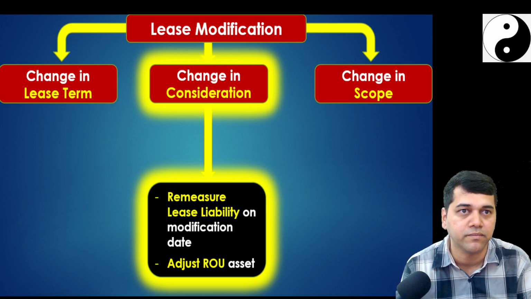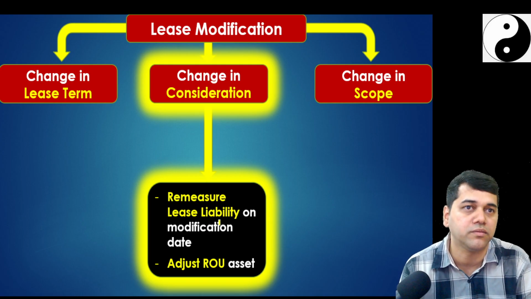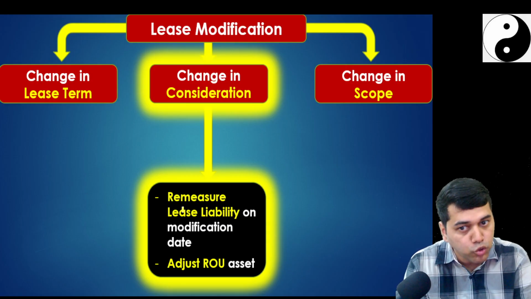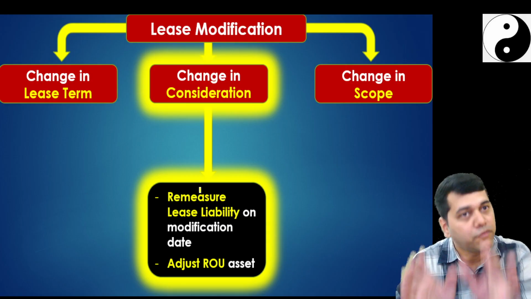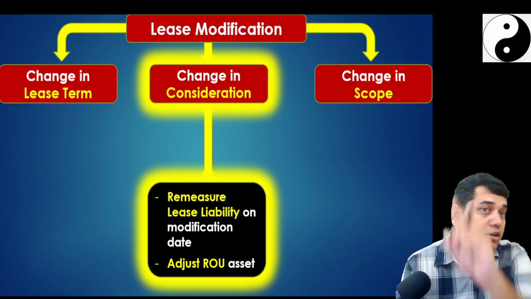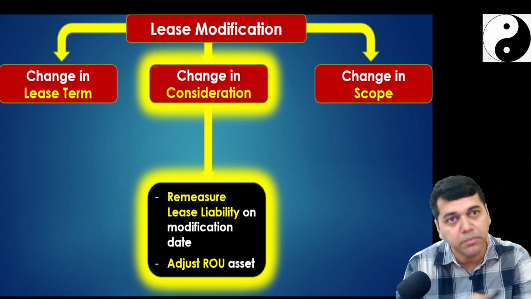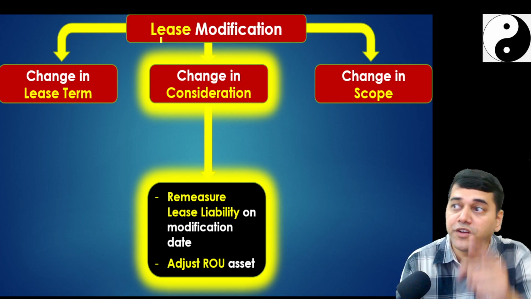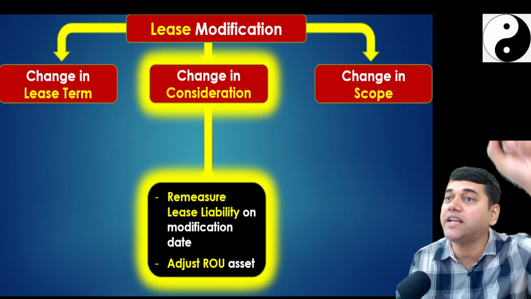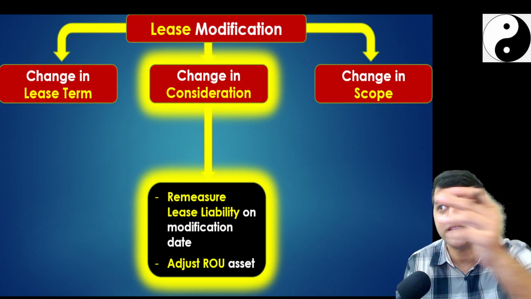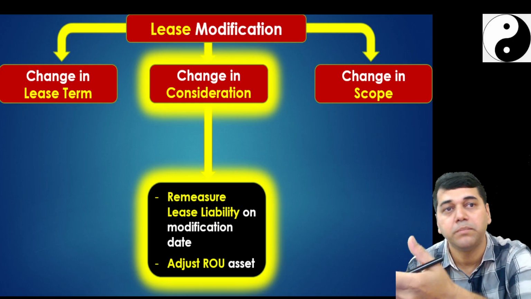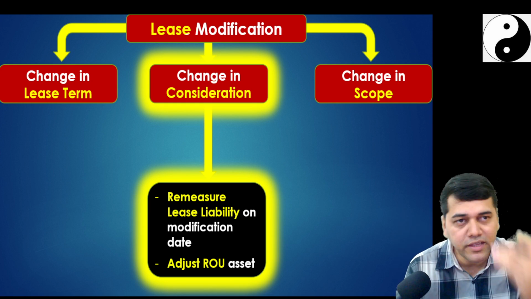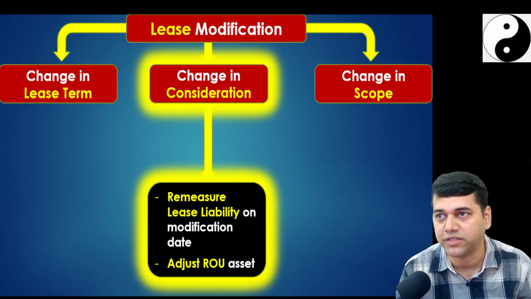The workings are the same, but the discount rate logic is not. In all the remeasurement, new rate. Why? Because it's a modification. If it was part of the original contract, then I would take that original EIR, other than for term and purchase option. Because it was never part, all the remeasurements are going to happen at a new rate.